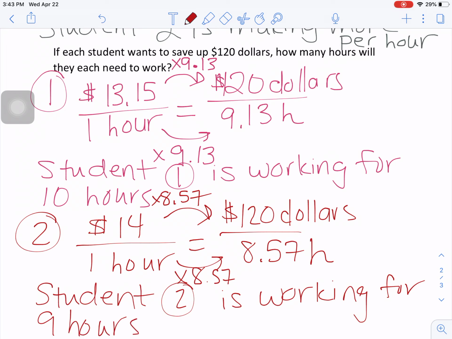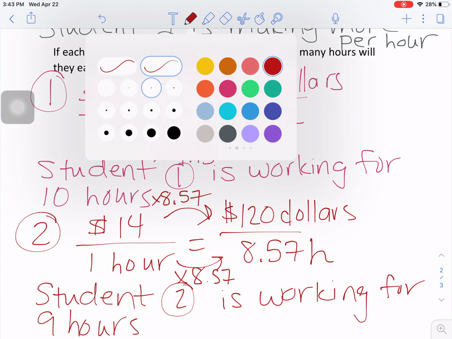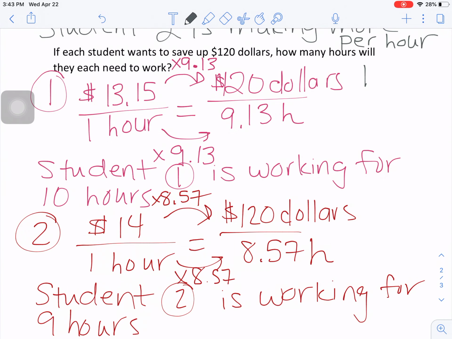So that's one way to set up this part of the question. The other thing that you could do is simply take each of the hourly rates and take the total that they're interested in making, and you could just do the total divided by the hourly rate. So for student 1, $120 divided by $13.15 for 1 hour should give us 9.13 hours.